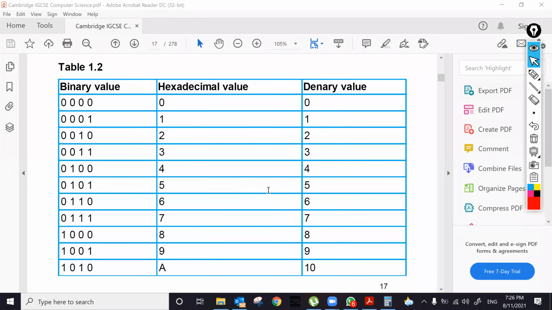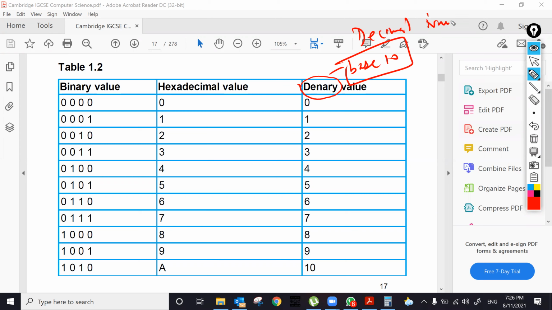Himesh, what do you mean by denary? Denary value means what? Sir, base 10. Yes, base 10, right? It's a base 10 value. You can say it's the decimal number system.